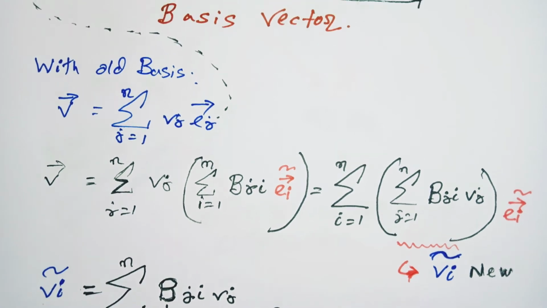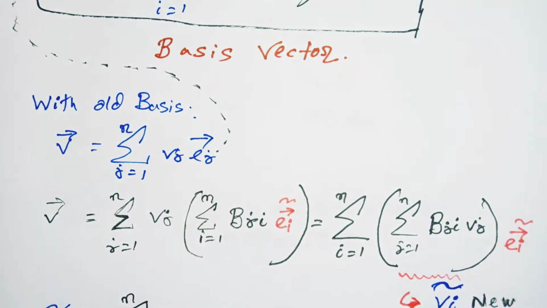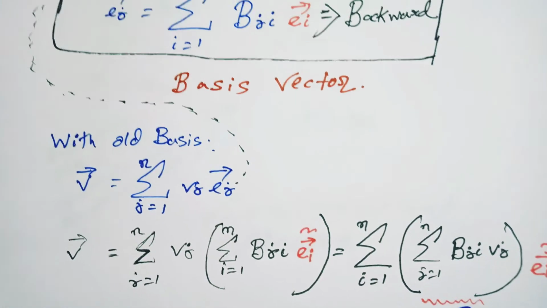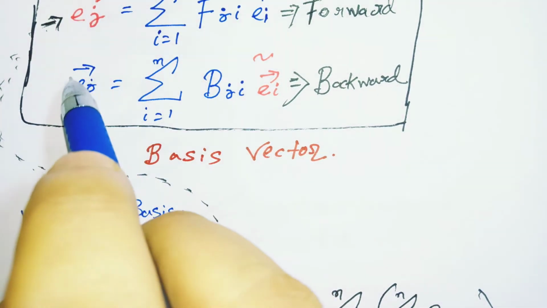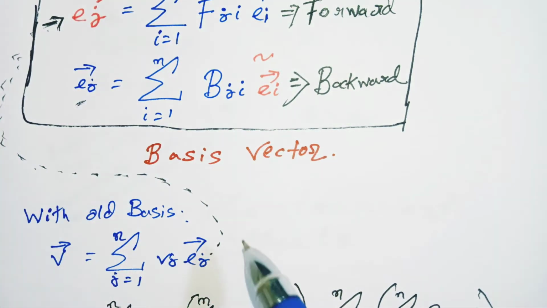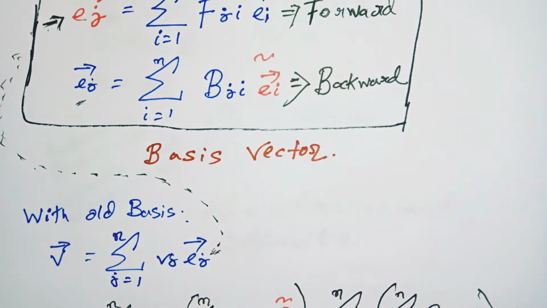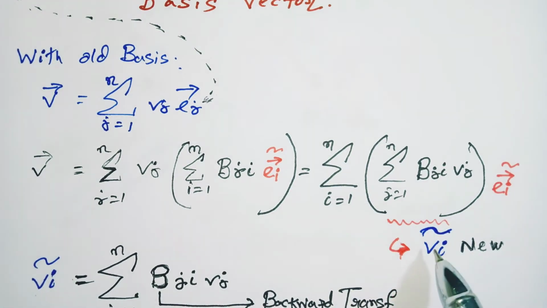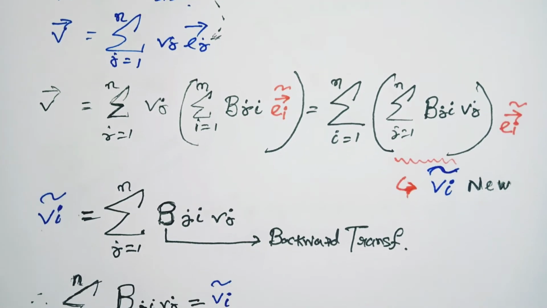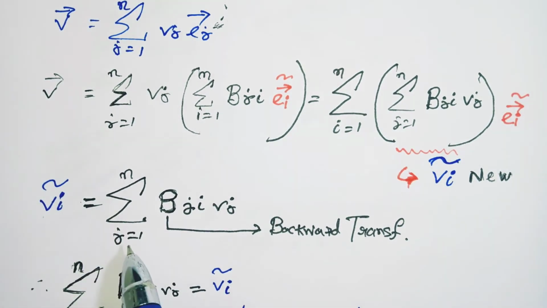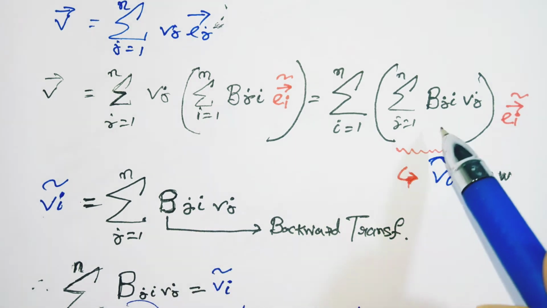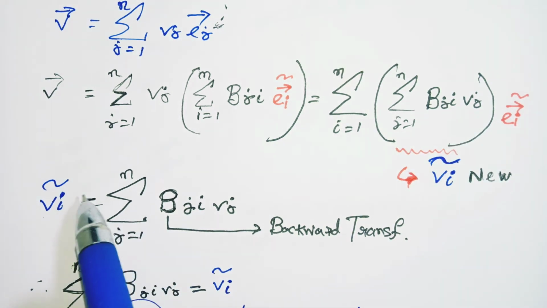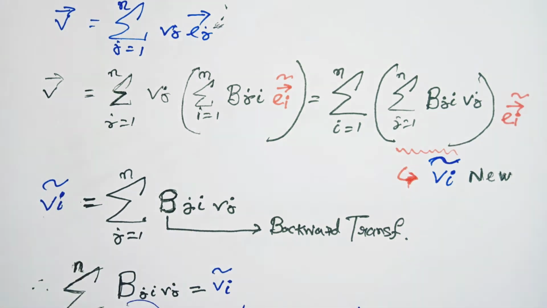It is a simple operation where I have substituted the value of e_j, mind it. This e_j got substituted over here, and we got this value, which is more or less the same as the indices v_i. And here I have written again v_i equals the summation over j equals 1 to n of B_ji v_j. So this middle term becomes equal to this v_i tilde, which is the new term.